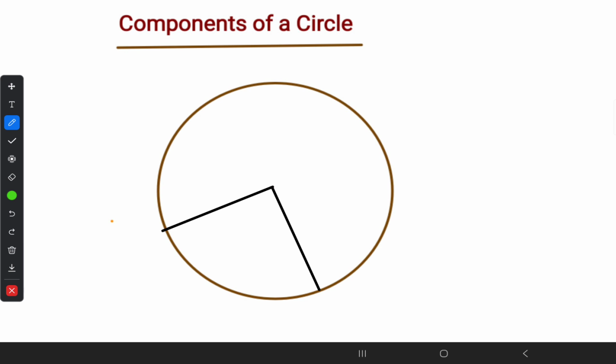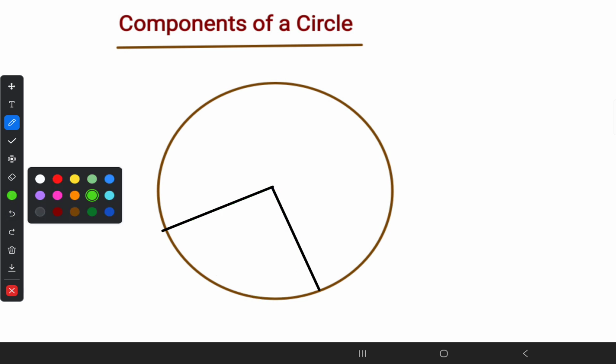So now we know this is our minor sector, this is our major sector. Here we have one more parameter, the angle. These two are both radii. This is our midpoint and this is our minor arc, and this region is called minor sector.